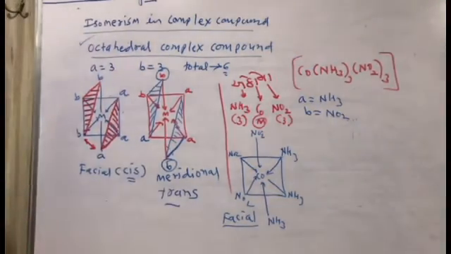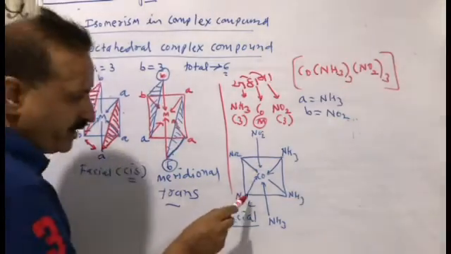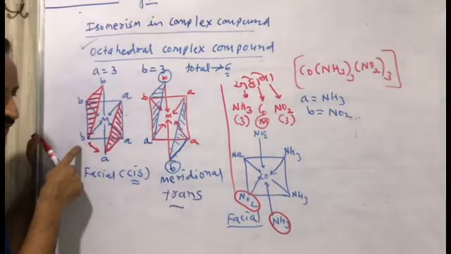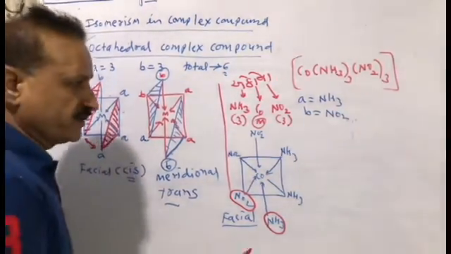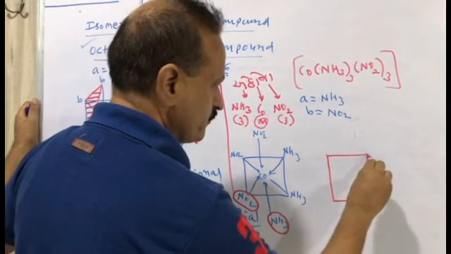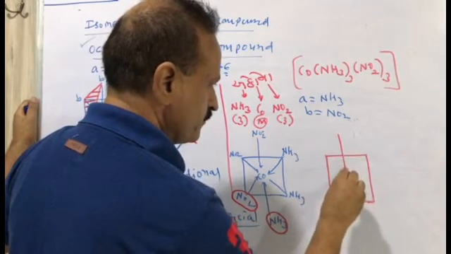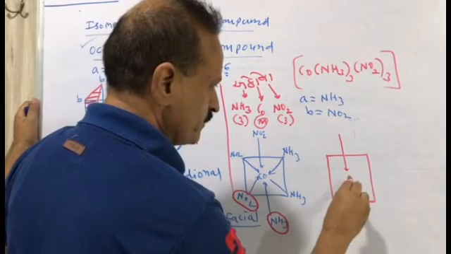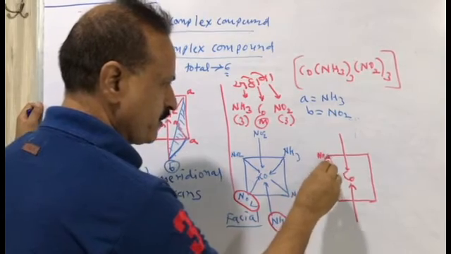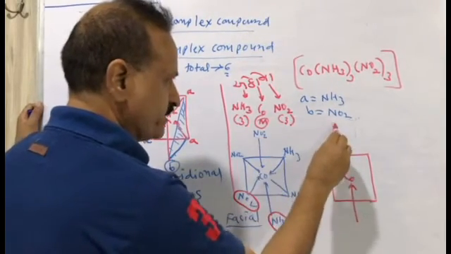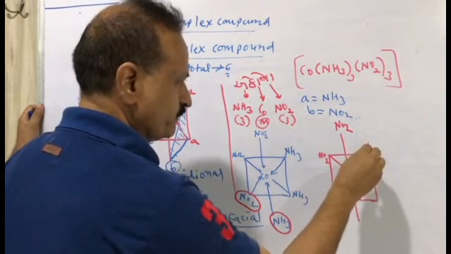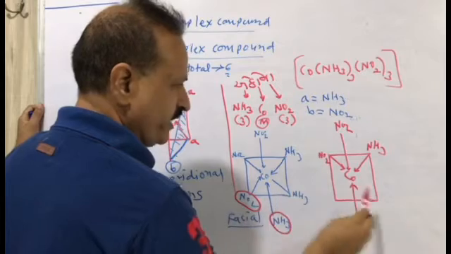isomer. Now we will change only the nitro and ammonia places, because we have changed the A and B places. For the meridional structure, the structure will be like this. Here will be cobalt, nitro as it is, nitro as it is, ammonia as it is, ammonia as it is.